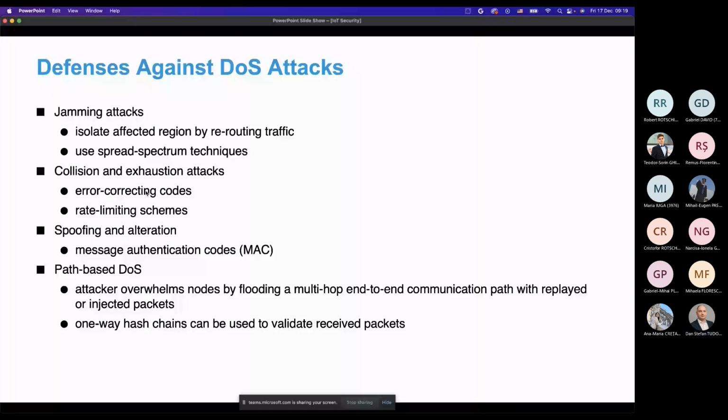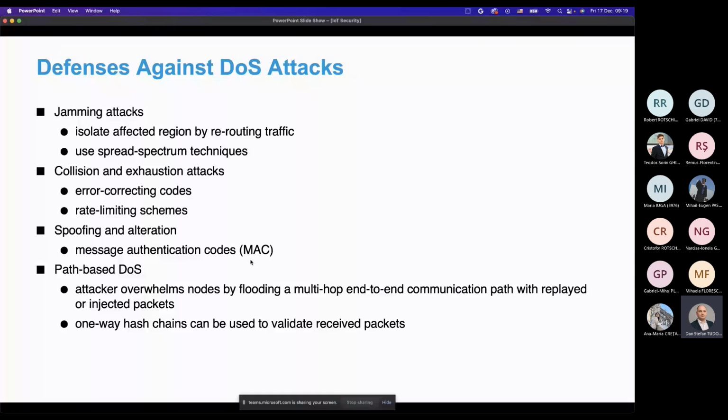For spoofing and alteration, this can be addressed at the network layer by using message authentication codes. These message authentication codes are also shorthanded as MACs, but this is not medium access control.